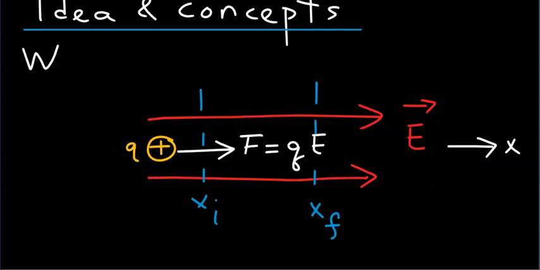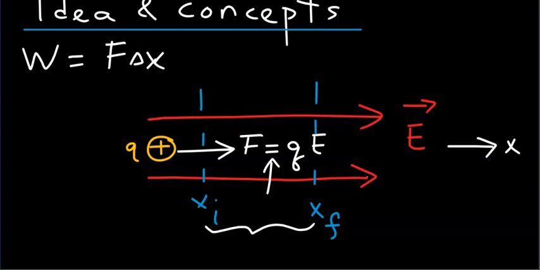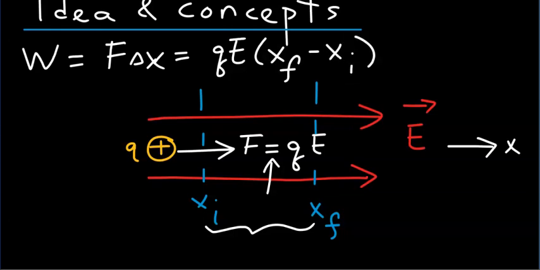From our earlier video on work, we know the expression for the work done by a constant force such as that in displacing an object by that much distance is given by force times displacement. So in this case, the force is Q times the electric field, and the displacement is xf minus xi, the final x-coordinate minus the initial x-coordinate.